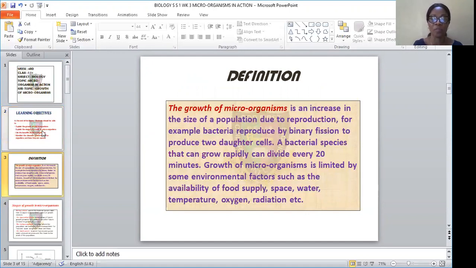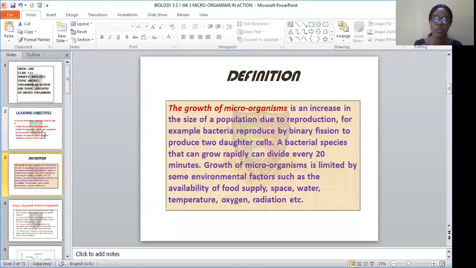What is growth of microorganisms? Growth of microorganisms is defined as the increase in size of a population due to reproduction. Just like in human beings, how do we multiply our population? It is by reproduction. For example, bacteria reproduce by binary fission.